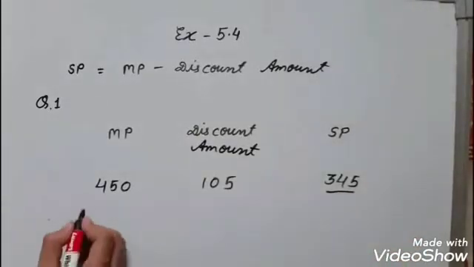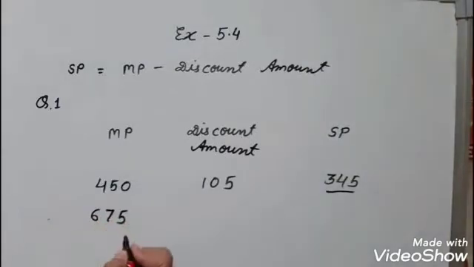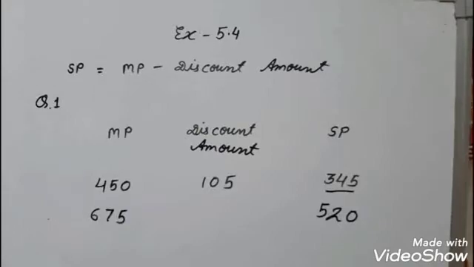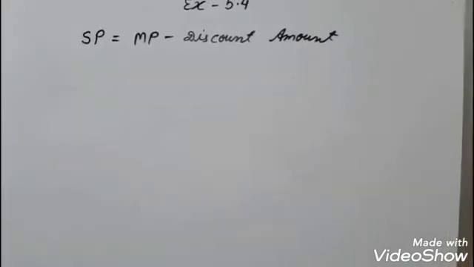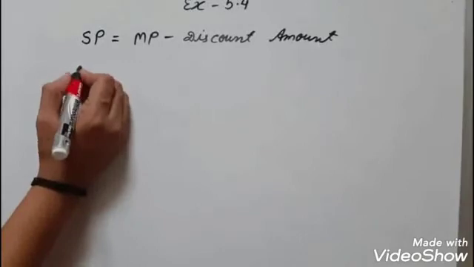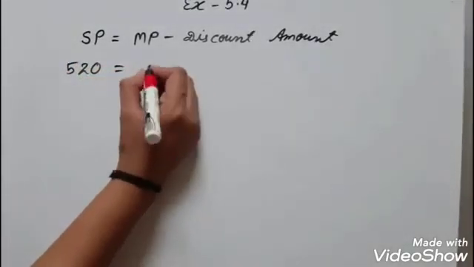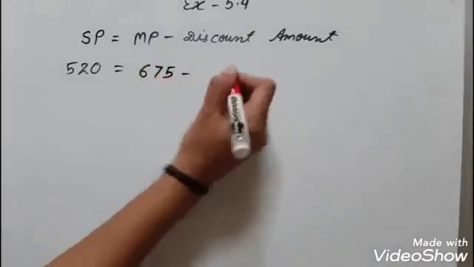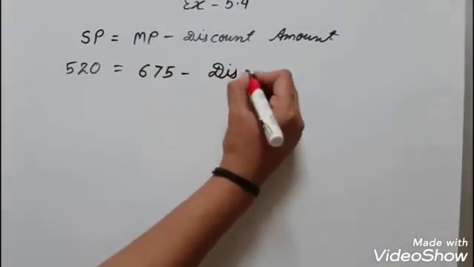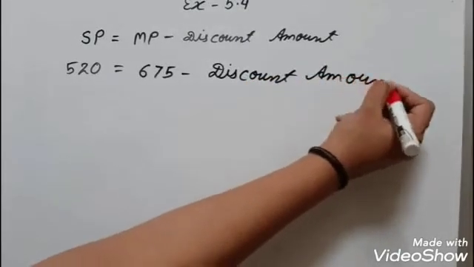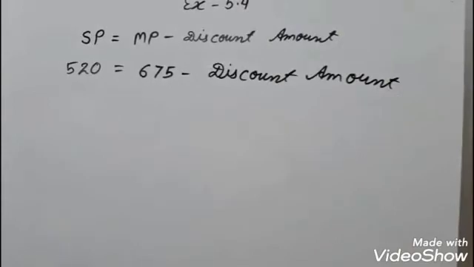In next one, we have marked price and we have selling price. So we can put the values in the same formula and calculate it. So at the place of selling price, we are writing here 520. At the place of marked price, we are writing here 675 and discount amount is to find. Now we can shift the values and find the answer.